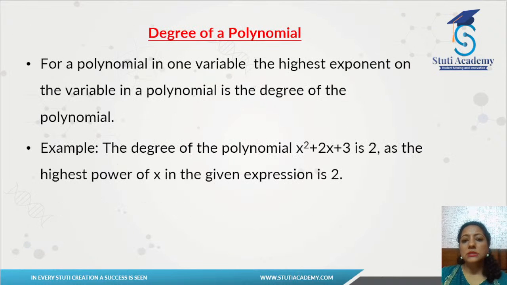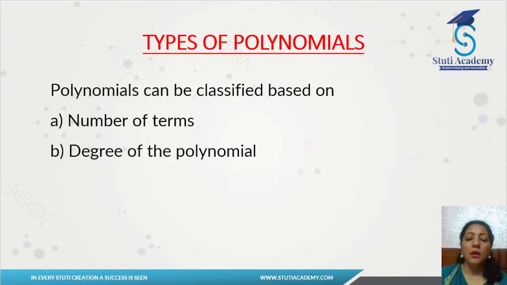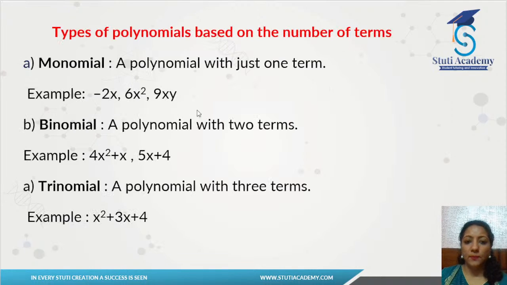Now the degree of a polynomial is defined as the highest power. If you have a polynomial like x square plus 2x plus 3, the highest power here is of x square, so the degree of this polynomial is 2. Polynomials we classify on the basis of the number of terms and on the basis of degree. If a polynomial has just one term, we call it a monomial.